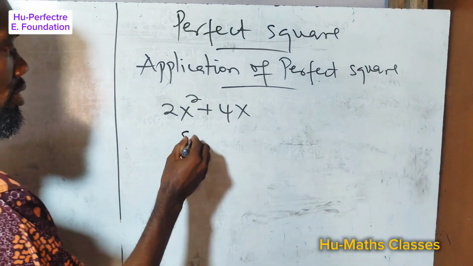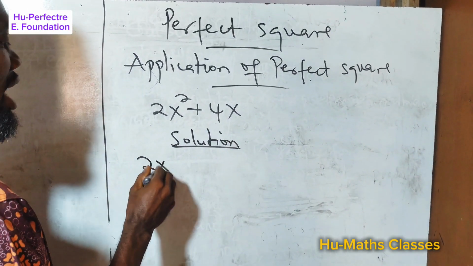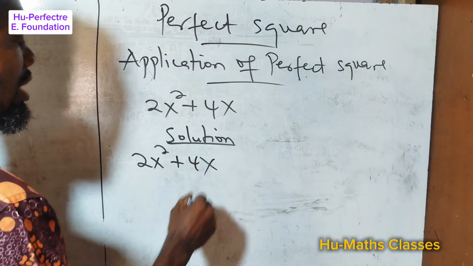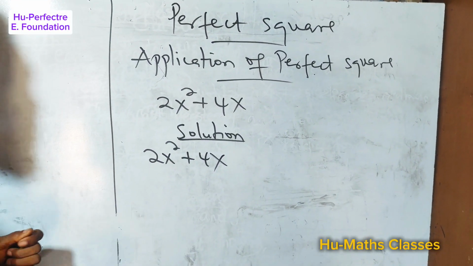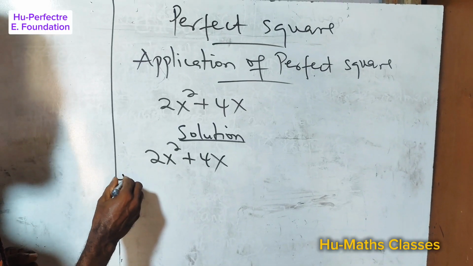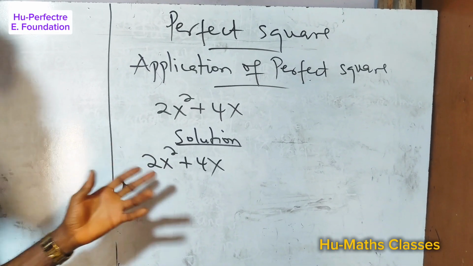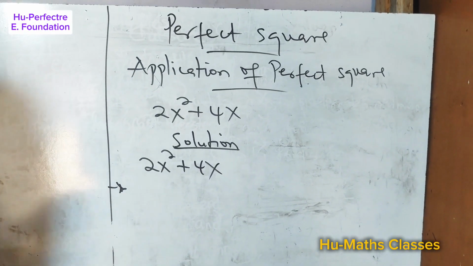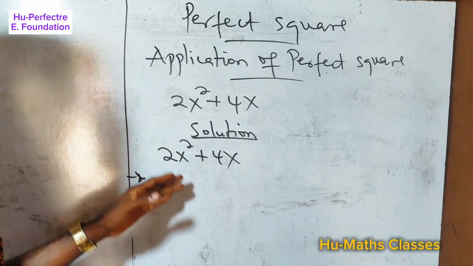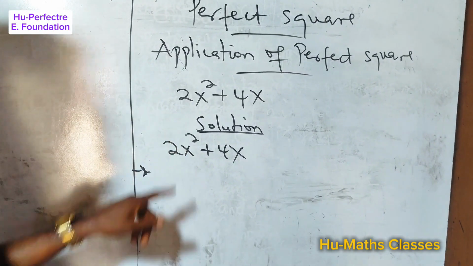Now, solution. To make 2x squared plus 4x a perfect square, I'm giving us the steps to take. The first step is to understand your first variable, your second variable, and even your third variable. Your first variable is the one with the highest power, the degree, which is power 2.